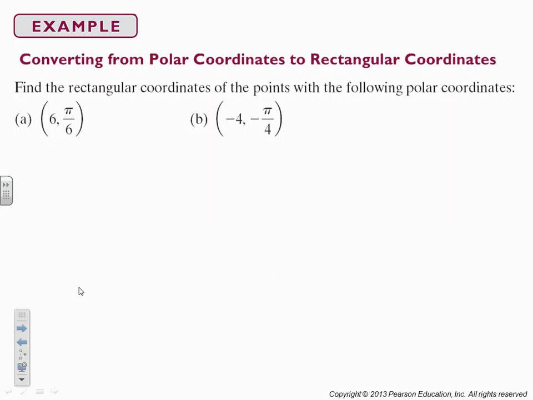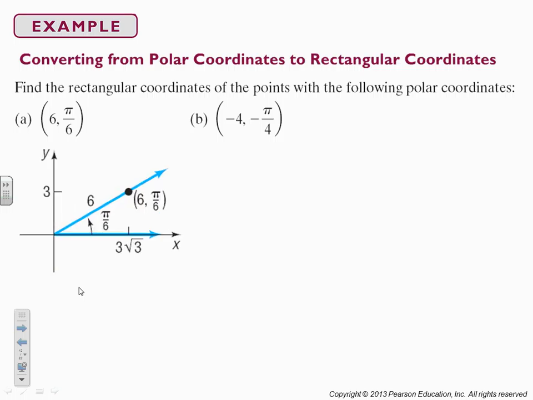So if we're going to find the rectangular coordinates given these polar coordinates, we're just going to plug in these values for r and theta. So for A, x is equal to r cosine theta. R is 6. Cosine of pi over 6 is root 3 over 2. Oh man, remember that unit circle that we made like 2 chapters ago? We're still using that thing.